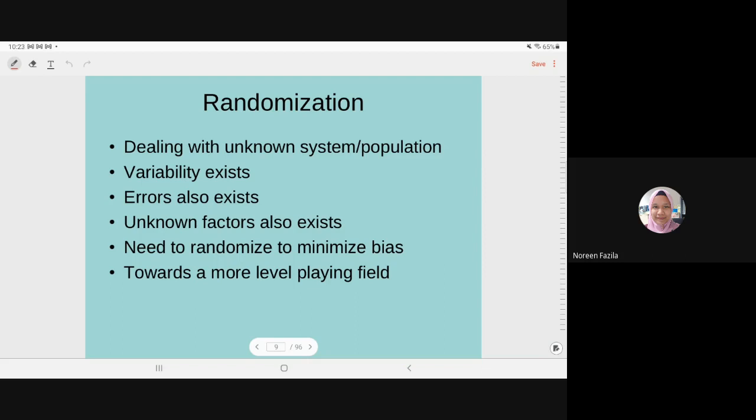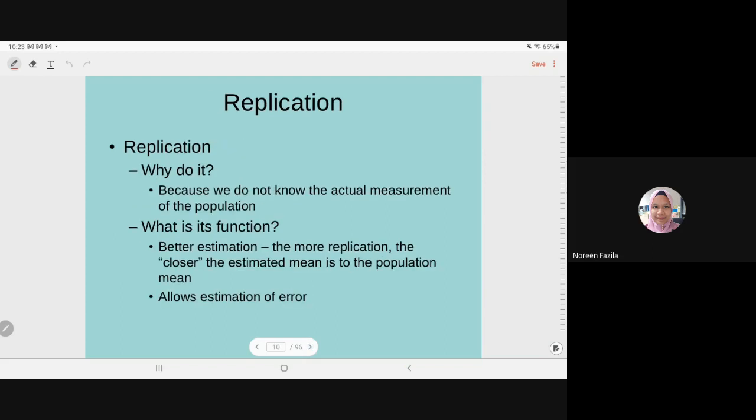That's why it is new. So that is why we need to randomize to minimize bias, so that we can produce a more level playing field, so that our data will be more reliable, with minimized bias.